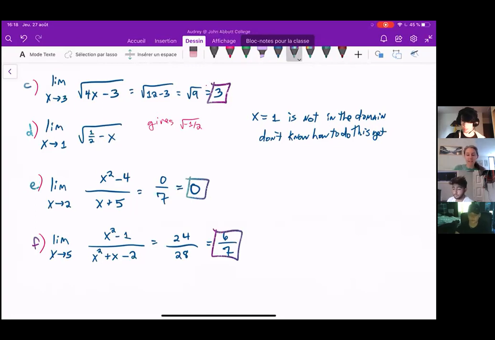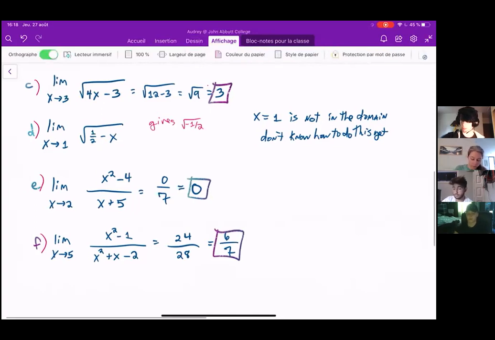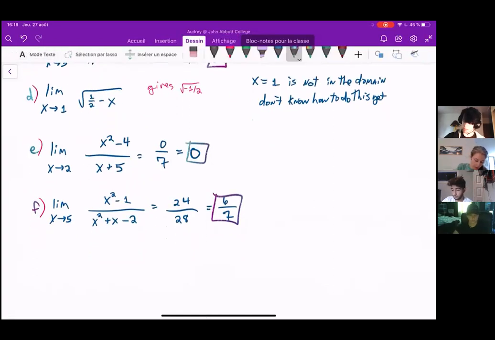Let's use this exact same function that we have right here, and we'll have the limit as x approaches 1 of this function instead of 5. What happens when I plug in?